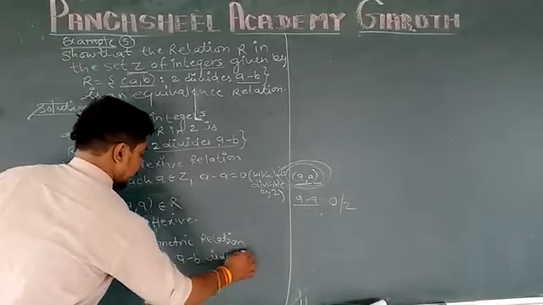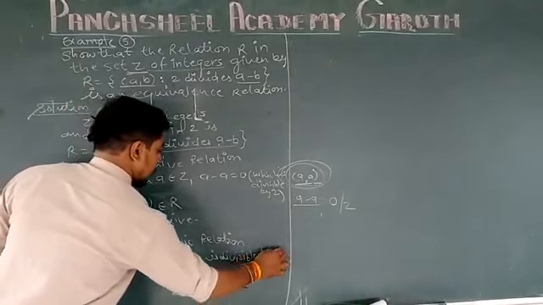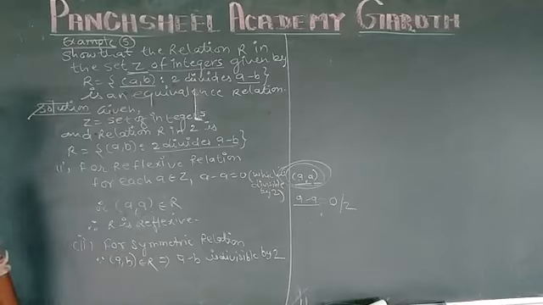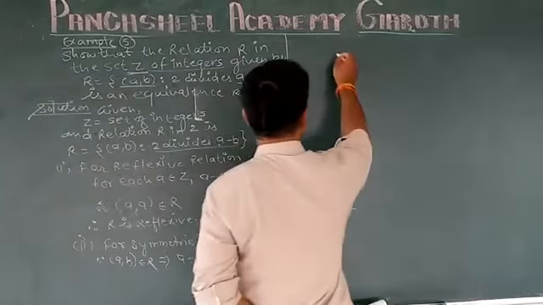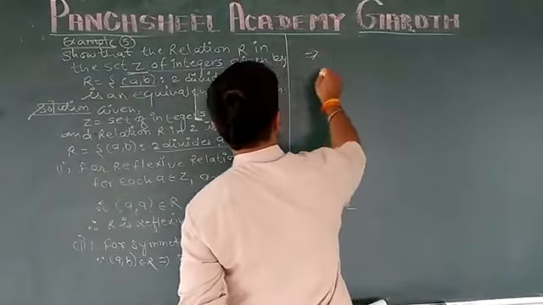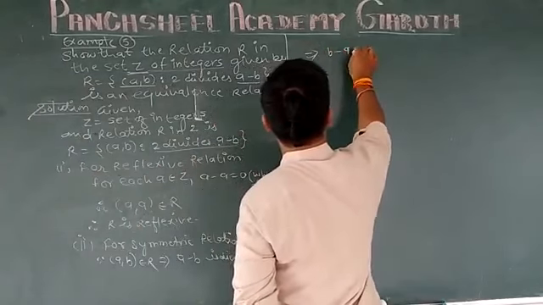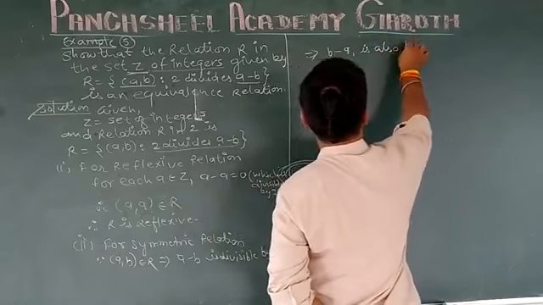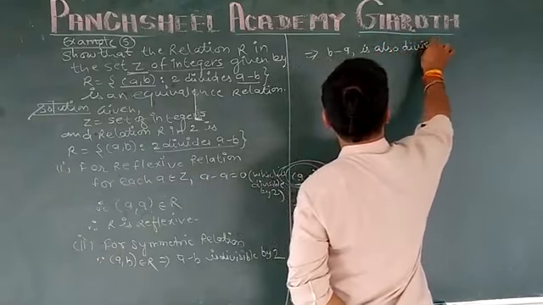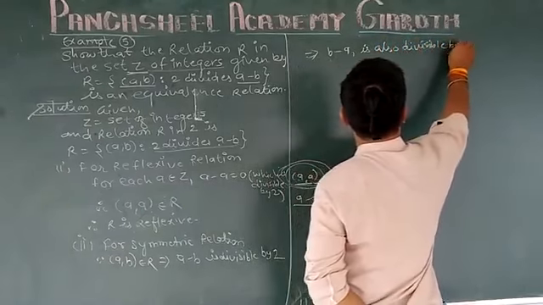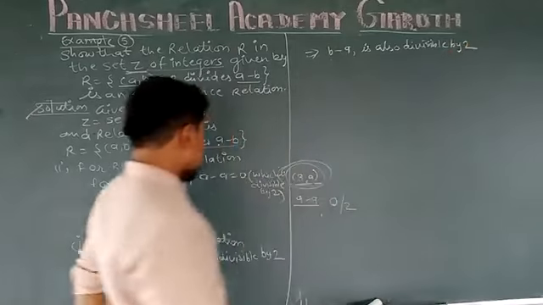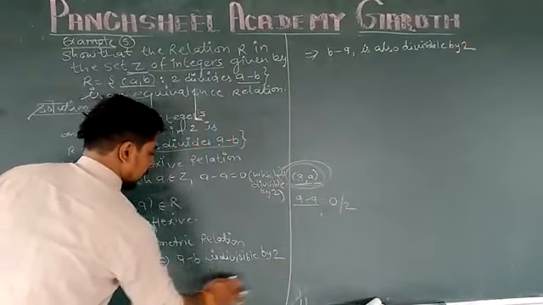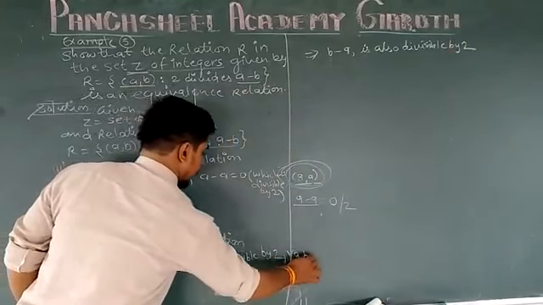If A minus B is divisible by 2, it may also be possible, so we can write here, it implies that B minus A is also divisible by 2. It means we can write here for all A, B belongs to Z.